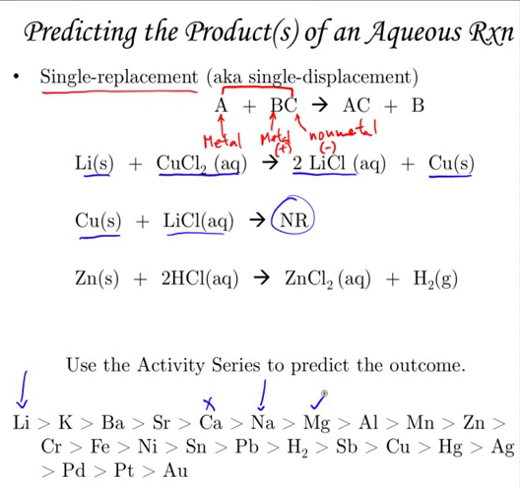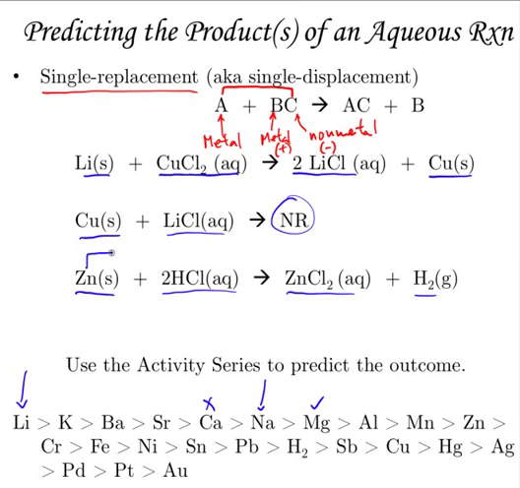Okay, another very common type of single replacement reaction occurs between a metal and an acid. So for example, when zinc solid is dissolved in hydrochloric acid, we get the formation of zinc chloride and hydrogen gas.